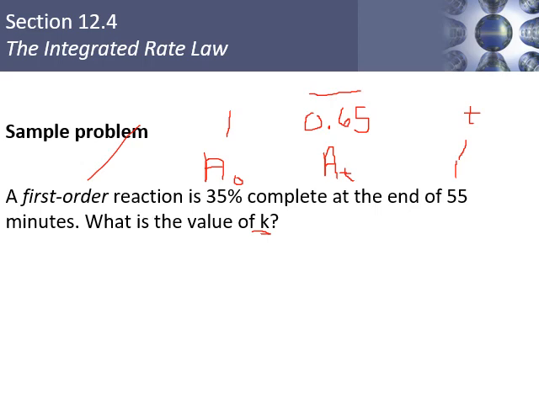So it would actually be the natural logarithm of 0.65 equals minus kt, where the k is what we're looking for. t is going to be 55 minutes, and then plus the logarithm of A naught, where A naught is 1. The log of 1 is 0. So if you choose 1 as your A naught, that last term just drops out of the equation. So let's go to the next slide.